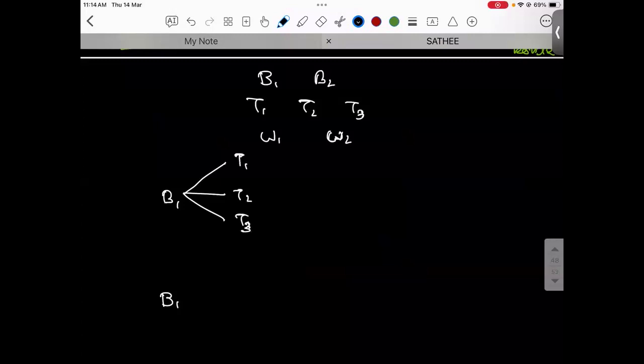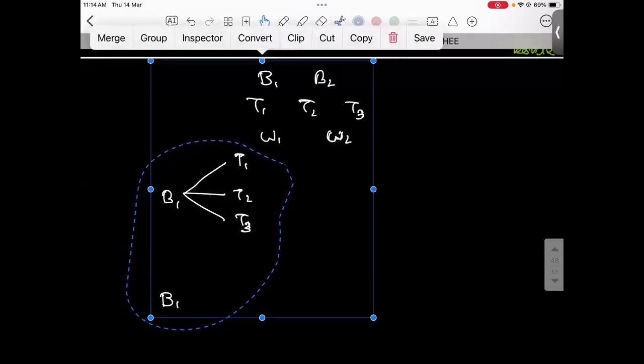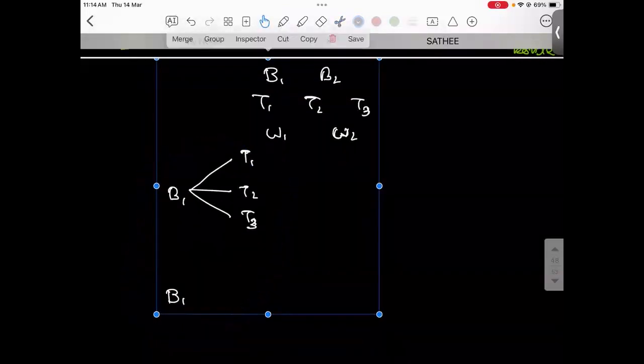Because I have chosen the first bag, and in that bag I can put either of the tiffin boxes. So for each different tiffin box, I get a different combination. Now depending on the tiffin box, I can choose 2 different water bottles. Fine. This is the problem.